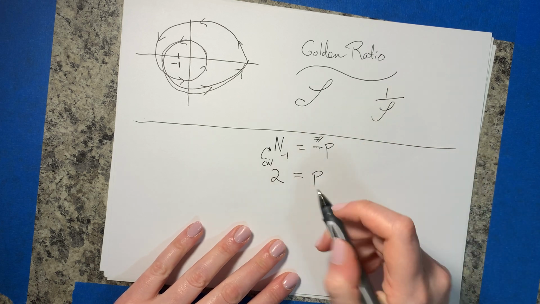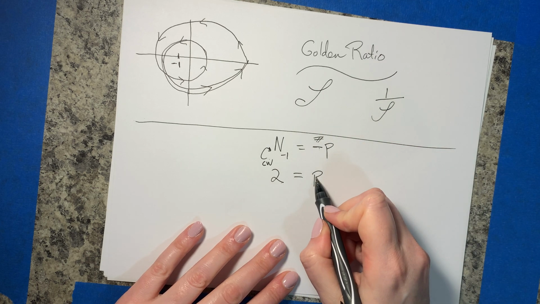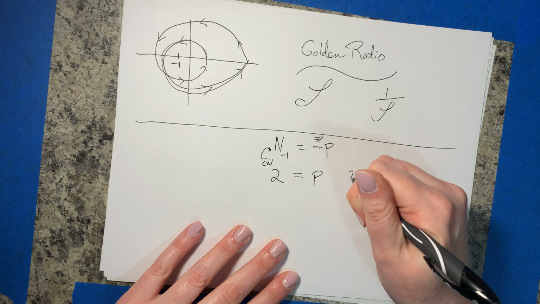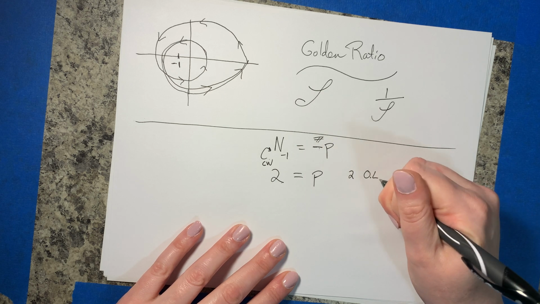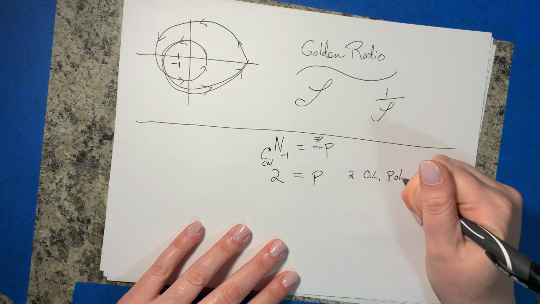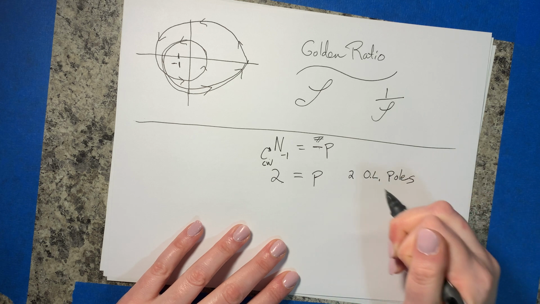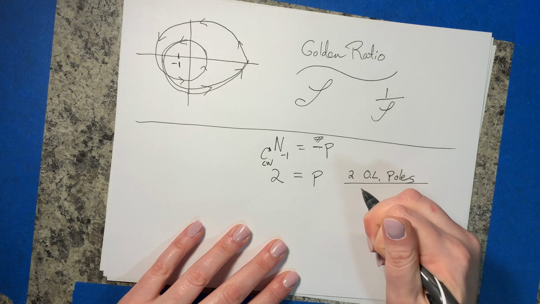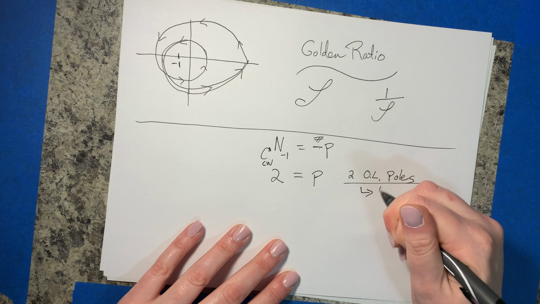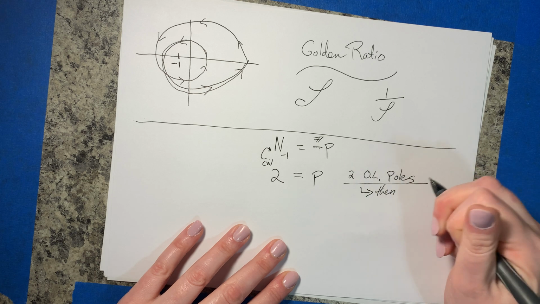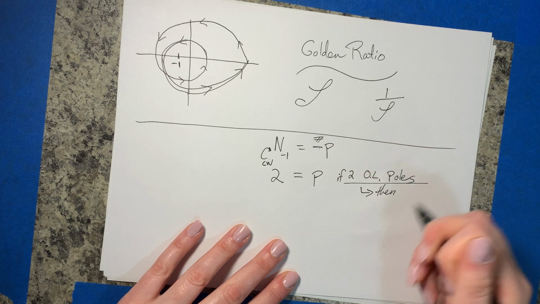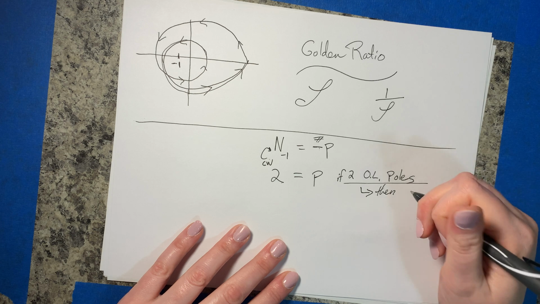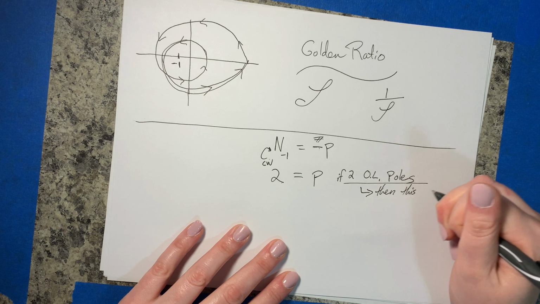Okay, so as long as we have 2 open loop poles for the denominator, then, so if we have 2 open loop poles in our transfer function, then this system is stable.